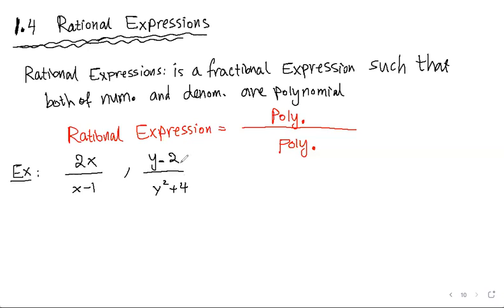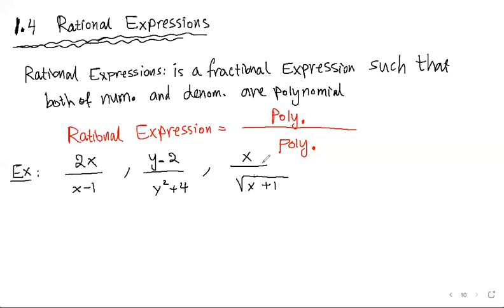Yes, this is a polynomial, and this is a polynomial, so this is a rational expression. What about something like x over the square root of x squared plus 1? Is this a rational expression?